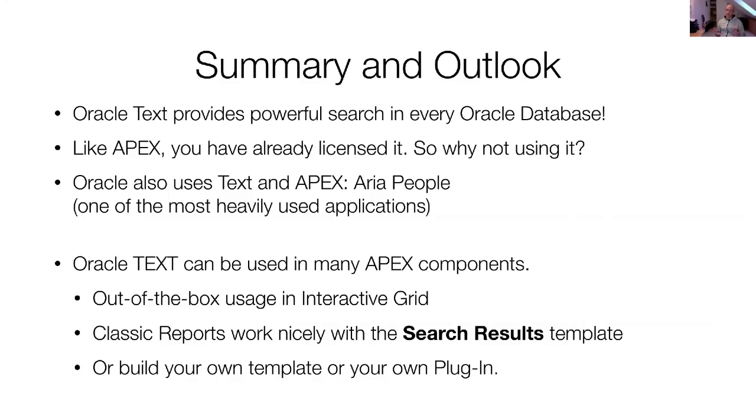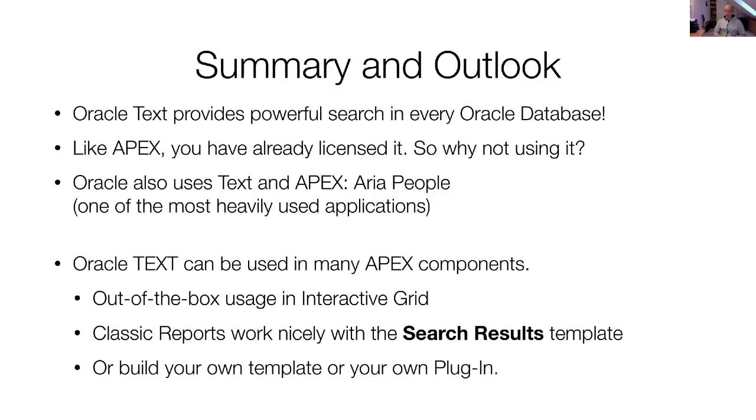And since the interface to Oracle text is SQL, we can use it in almost all Apex components. You have seen there is an out-of-the-box usage in Interactive Grid. You can go with classic reports and the pre-built search result template. You have seen that was almost no work. But if you want to have your own, right, specialized and fancy layout for search results, build your own template.